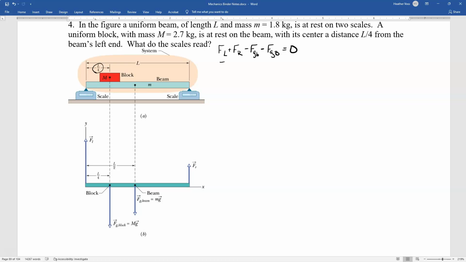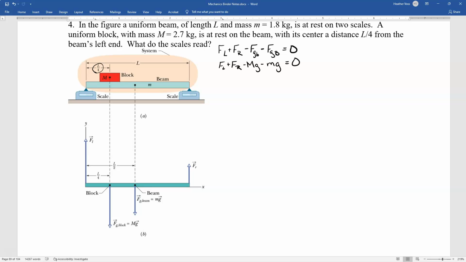So that means force left plus force right minus big mg minus little mg should give me 0. Well, that seems all fine and dandy, but I could also look at my net torque. Now I have 2 unknowns. I need a second equation.